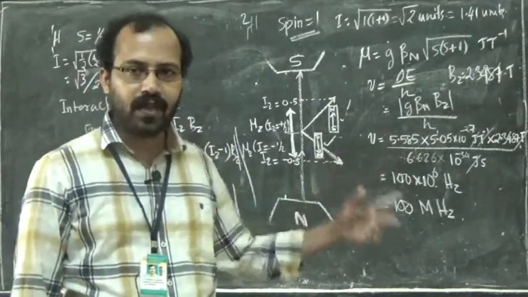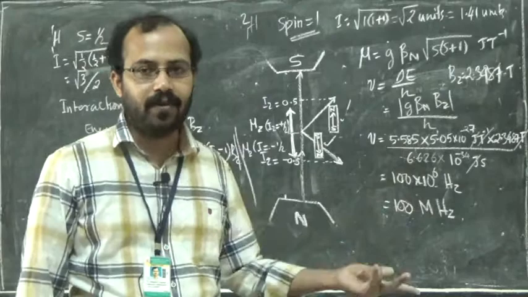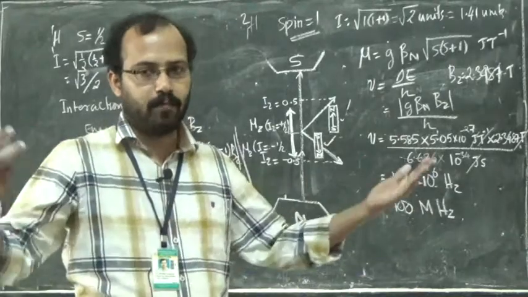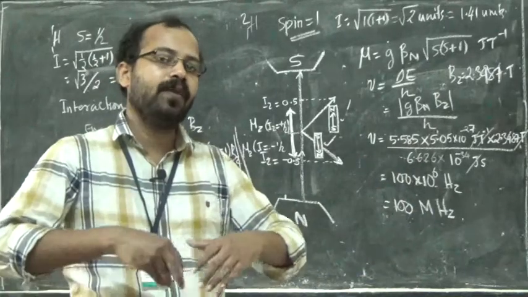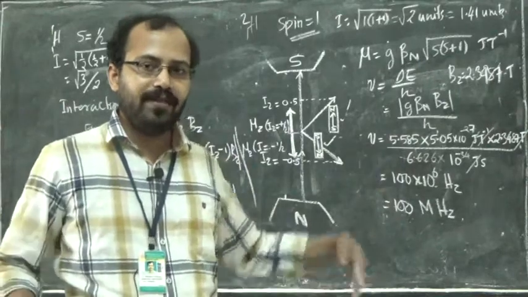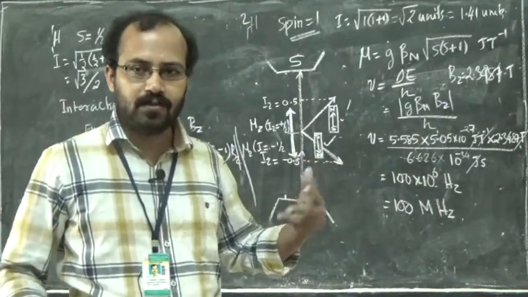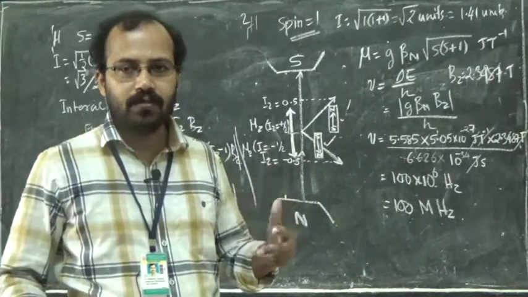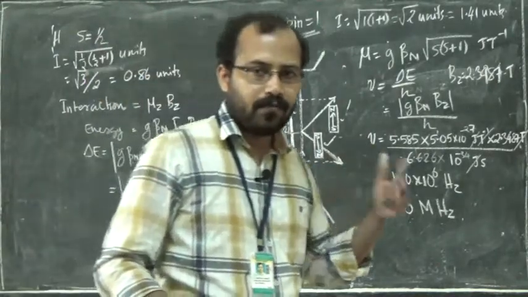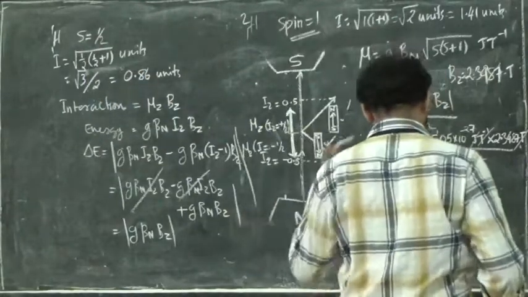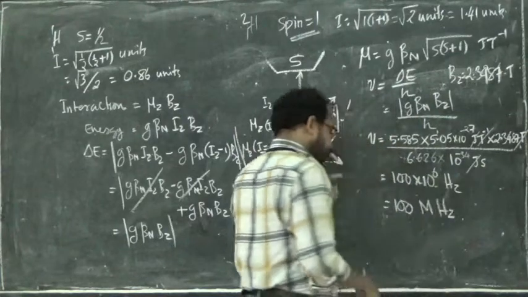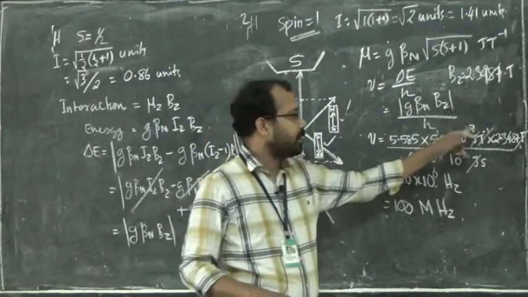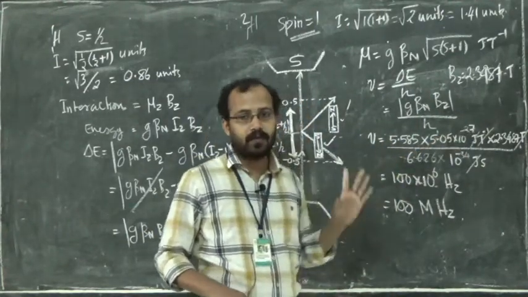This frequency depends on the applied field. If the applied field is big, if Bz assumes a greater value, then nu will also be much greater, and the frequency will be lower if we apply a lower or small field.